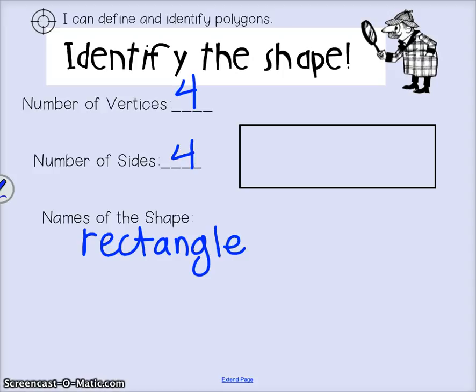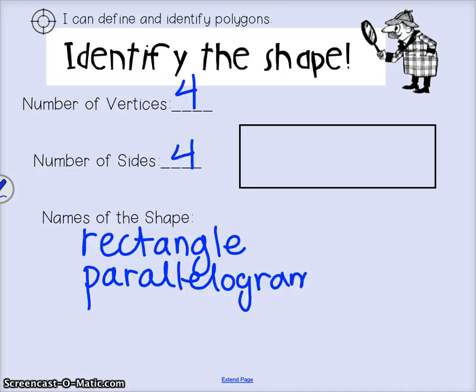No, it is not a square because the sides are not of equal length. Is it a parallelogram? Yes, it does have 2 sets of parallel sides. Is it a quadrilateral? Yes, it does have 4 sides.